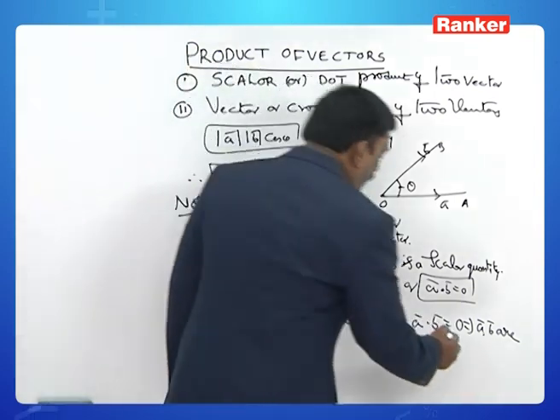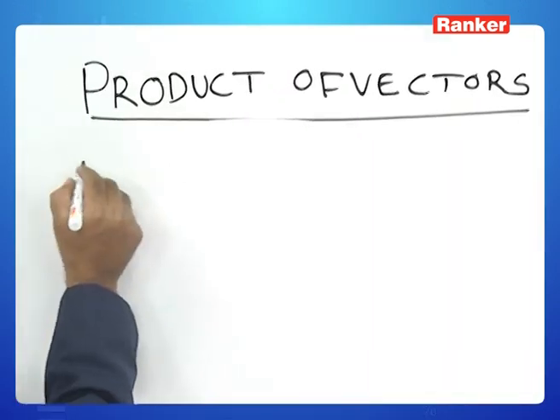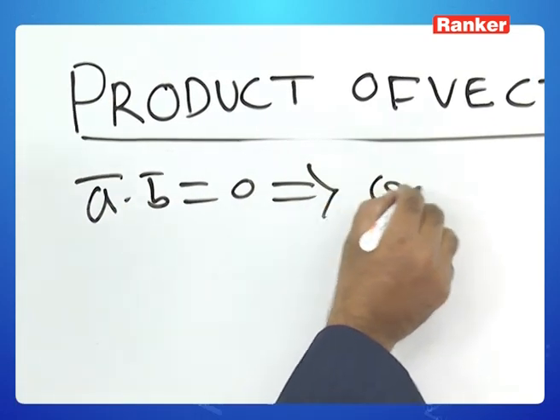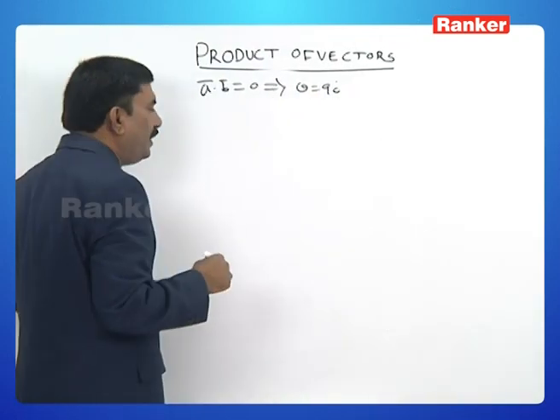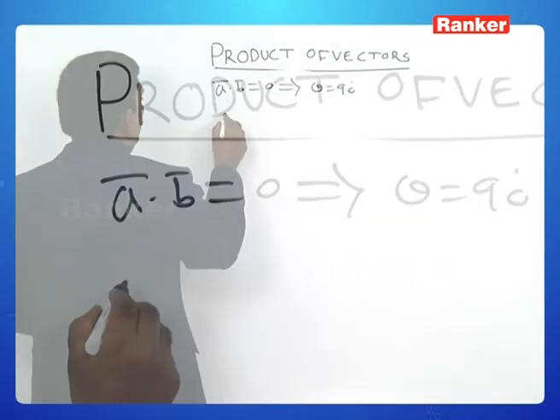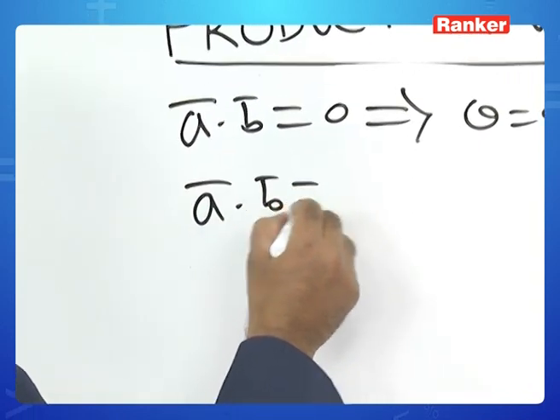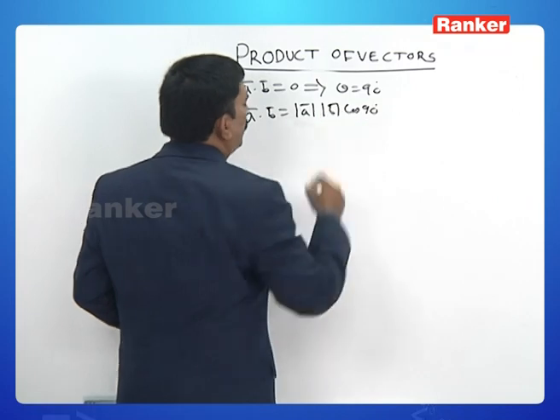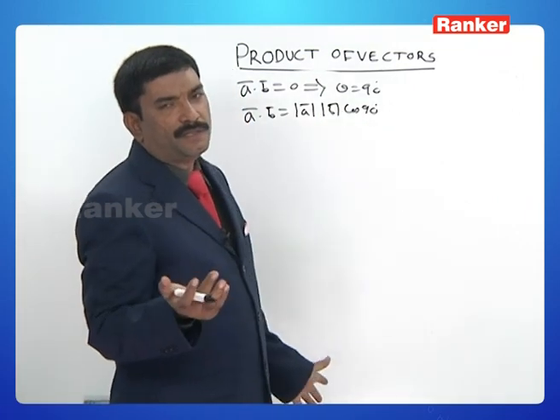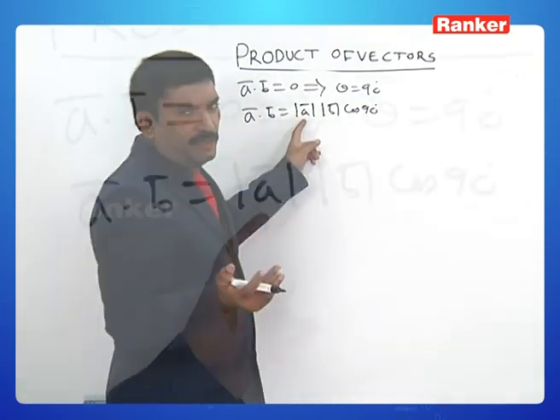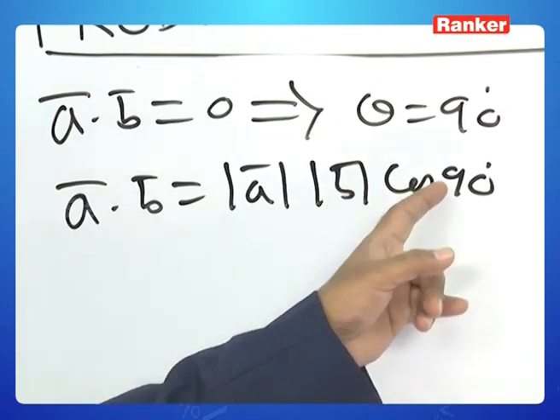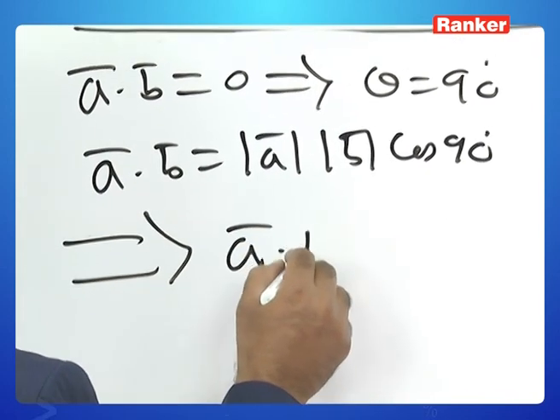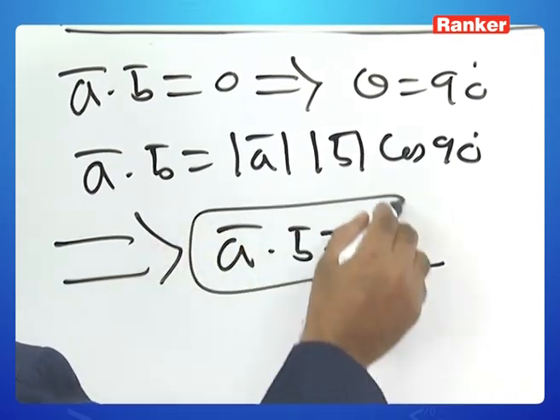Why? Theta is equal to what? A bar dot B bar equal to 0 means theta must be equal to 90. Why, sir? If I take A bar dot B bar, this is nothing but mod A mod B into cos 90. What is cos 90? 0. This is a non-zero quantity, this is 0. So which implies A bar dot B bar is equal to 0.